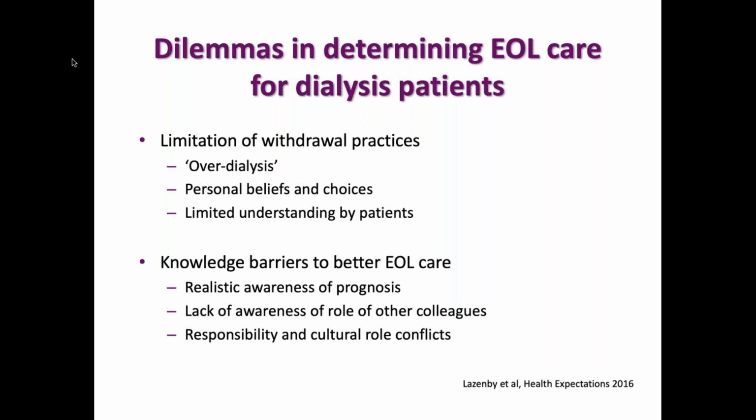This lack of conversation is related to our sense of responsibilities, and many times there is a role conflict in our culture. Doctors, the boss, and others really don't often want to contradict his or her opinion.